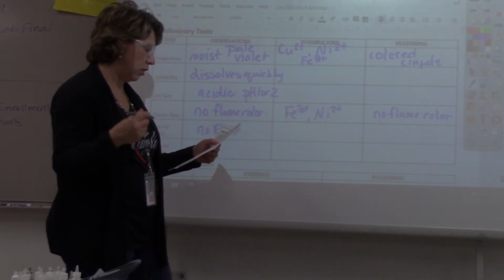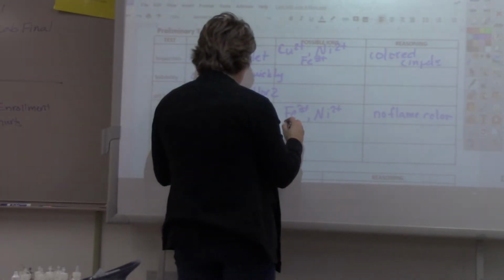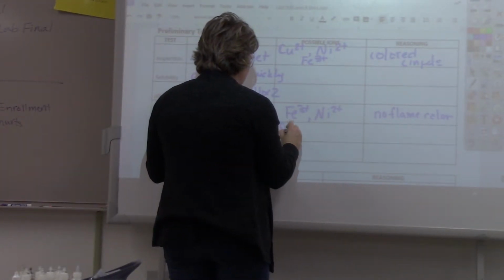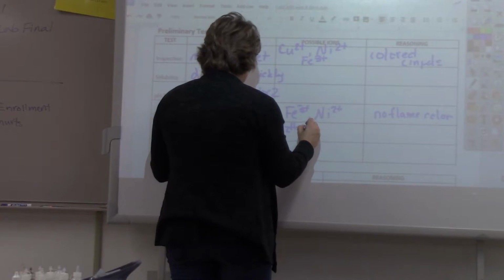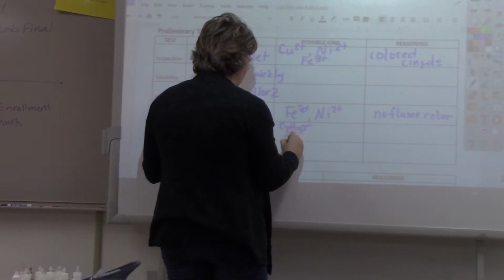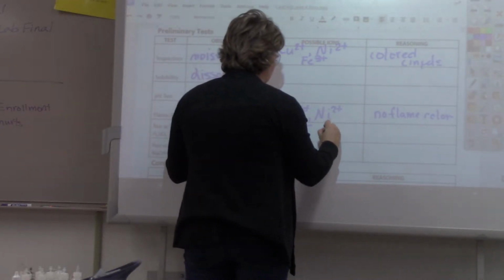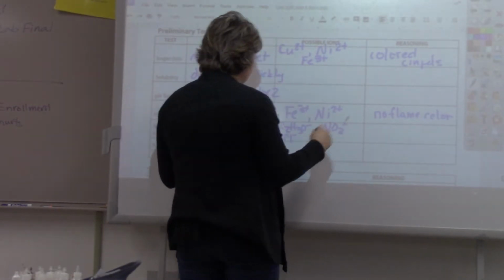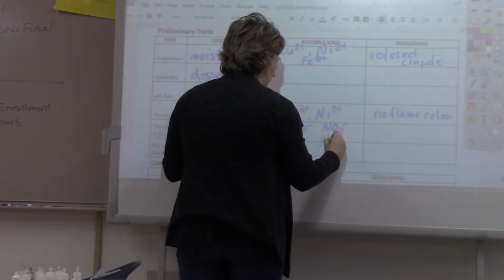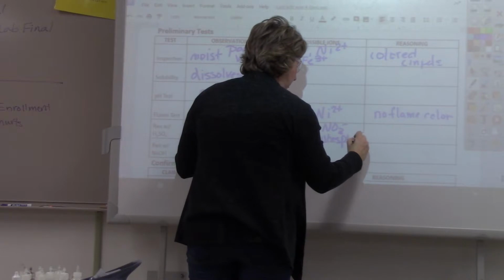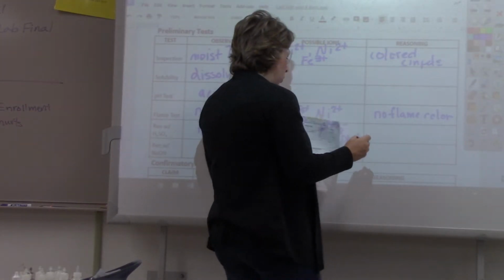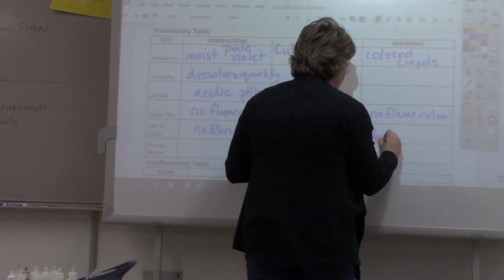And so as we look at those, this is going to be for our anions. And we're going to see that acetate has no reaction, chloride has no reaction, nitrates have no reaction, and then none of the phosphates. So we're going to say that this does not react.